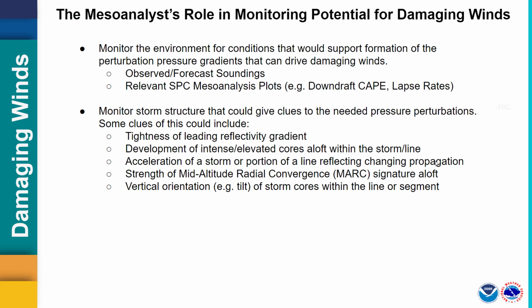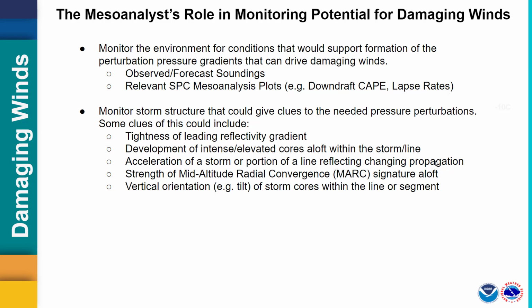So how can the mesoanalyst monitor for damaging wind potential? That person can monitor the environment for conditions that would support the formation of the pressure perturbations that can drive damaging winds, looking at observed and forecast soundings and relevant SPC mesoanalysis plots, such as downdraft CAPE and lapse rates. A person can also monitor storm structure that could give clues to the needed pressure perturbations.